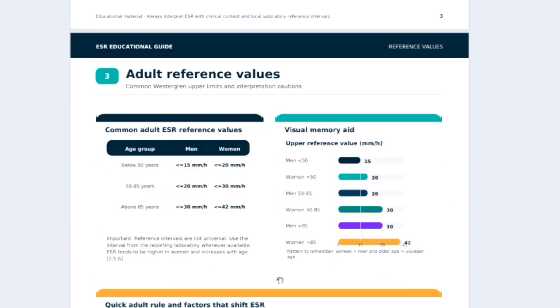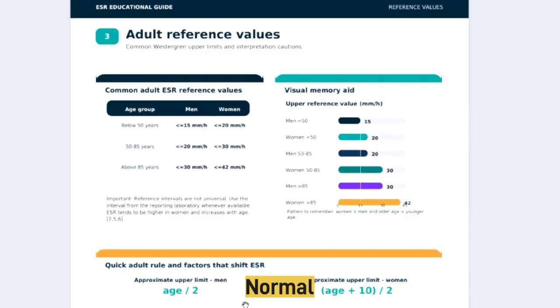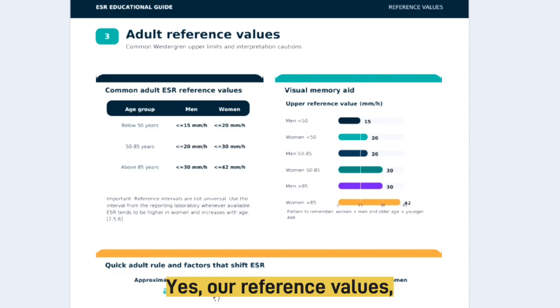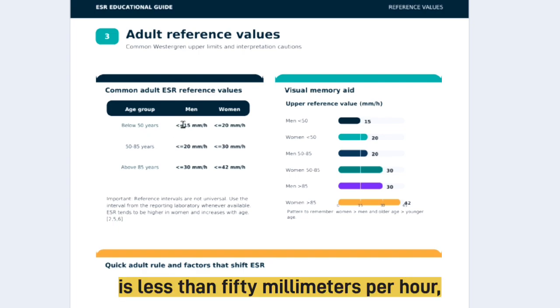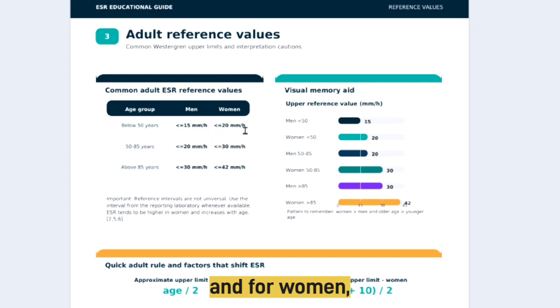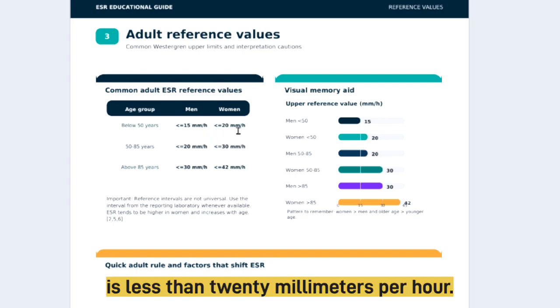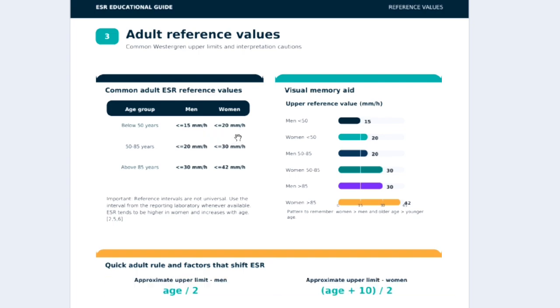Normal adult ESR reference values are based on sex. For men below 15 years it is less than 50 millimeters per hour, and for women under 50 it is less than 20 millimeters per hour.